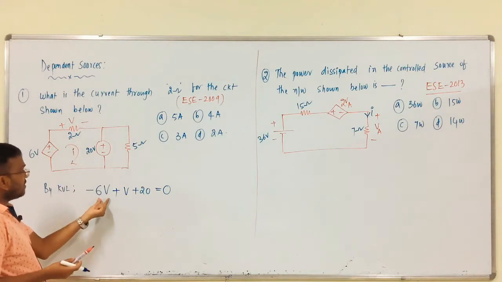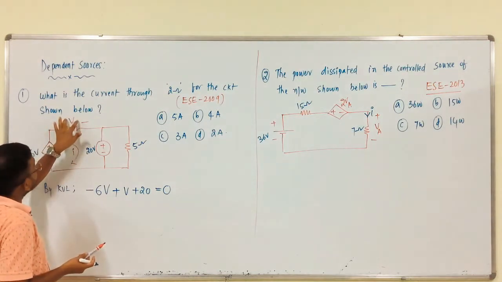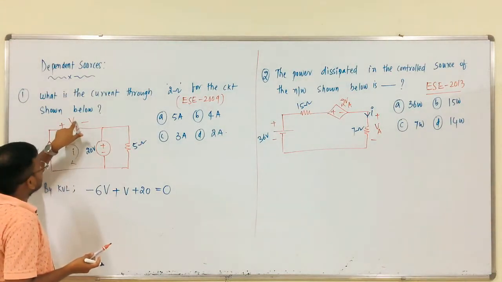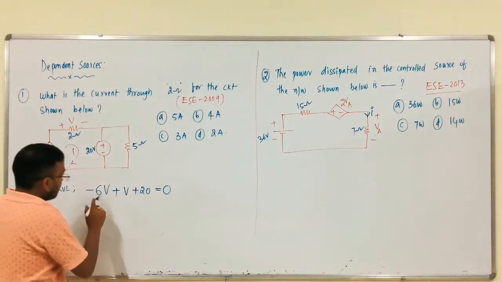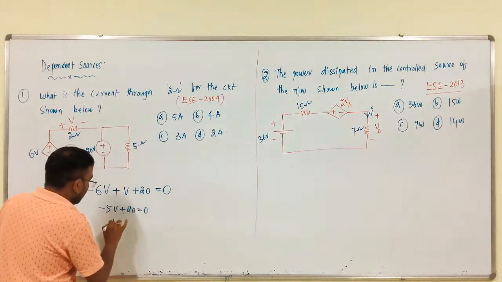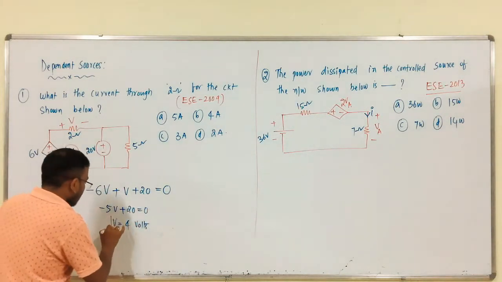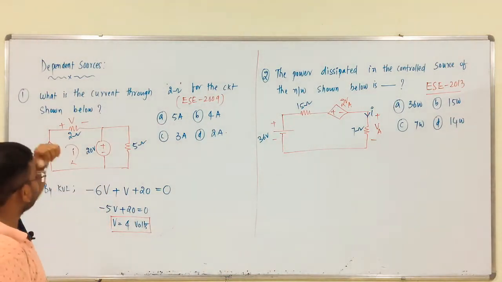This 6 V is nothing but the voltage value of this dependent source. This V is nothing but the voltage across this resistive branch, which is the representation of this dependent source. So, from this, minus V plus 20 is equal to 0. Therefore, V is equal to 4 volts.